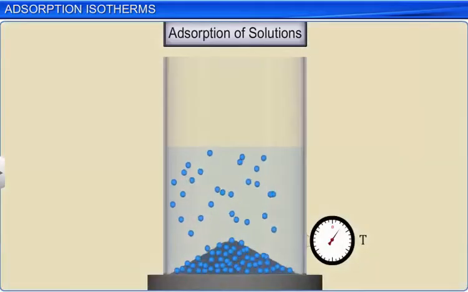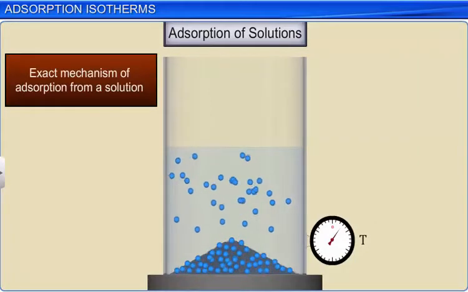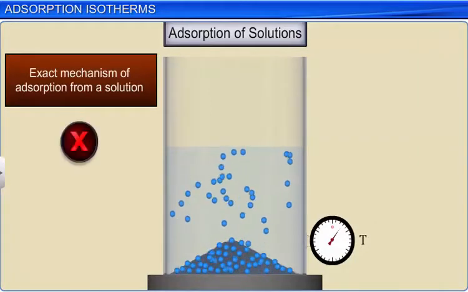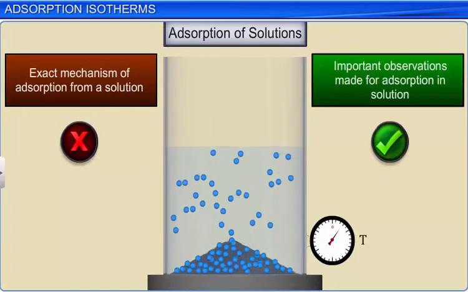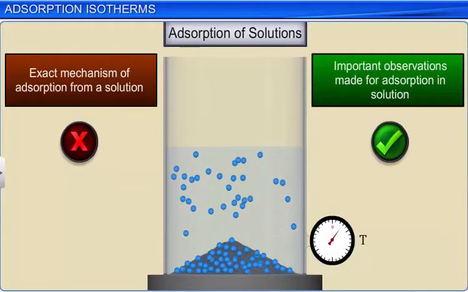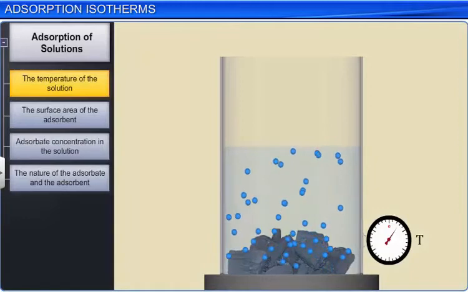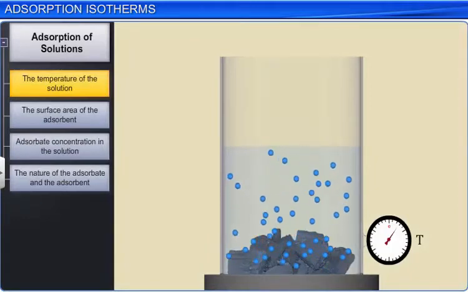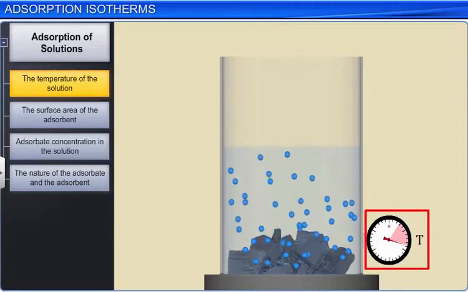Though the exact mechanism of adsorption from a solution is not known, some important observations have been made for adsorption in solution. Temperature plays a major role in determining the extent of adsorption. As the temperature increases, the extent of adsorption decreases.